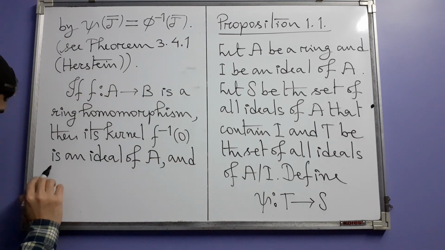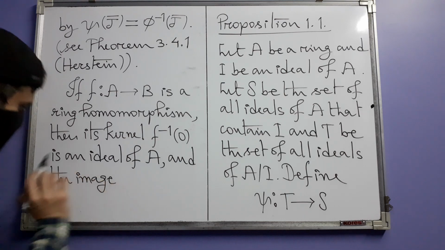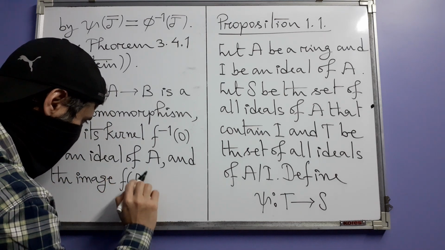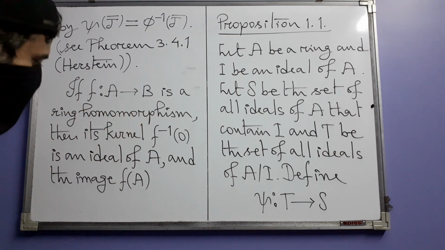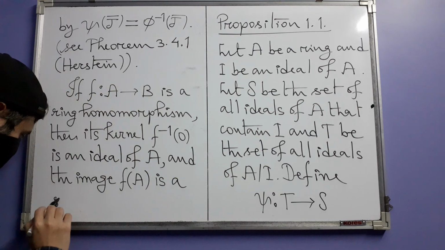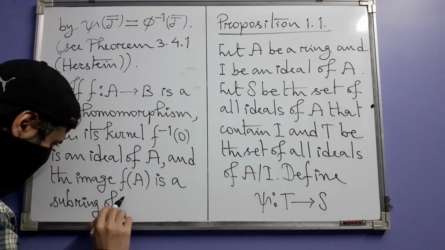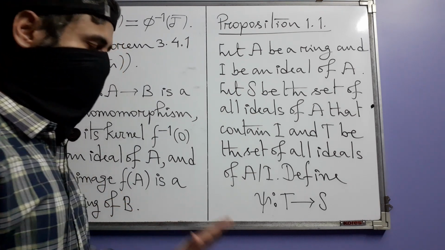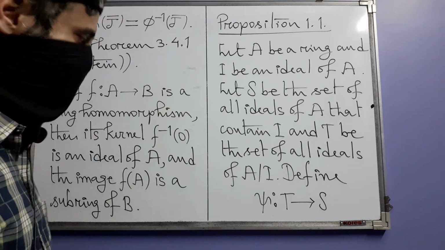and just like that the image of the set A under f, which is going to be a subset of B, this is a subring of B. Now, we did not really pay too much attention to subrings in Herstein's algebra.